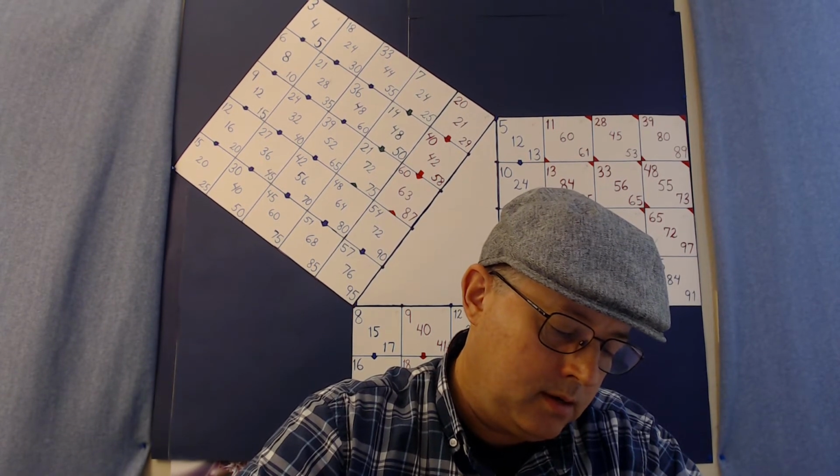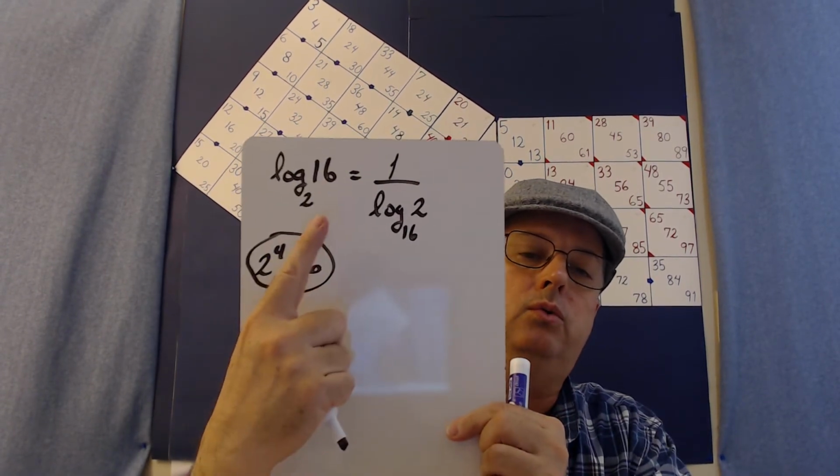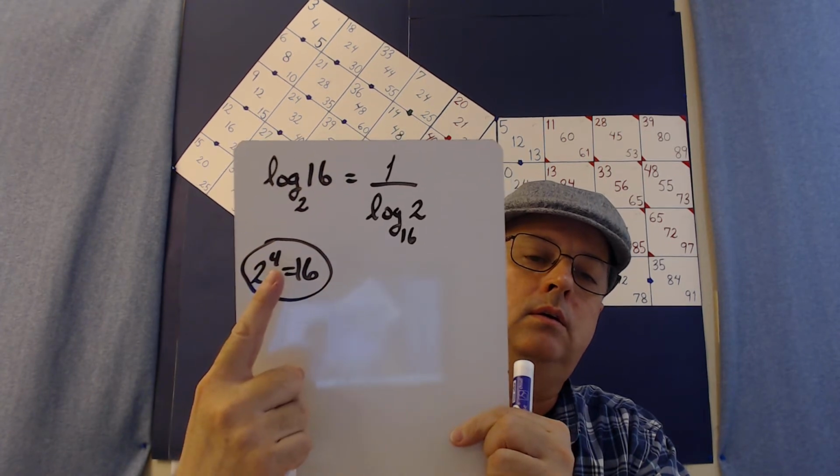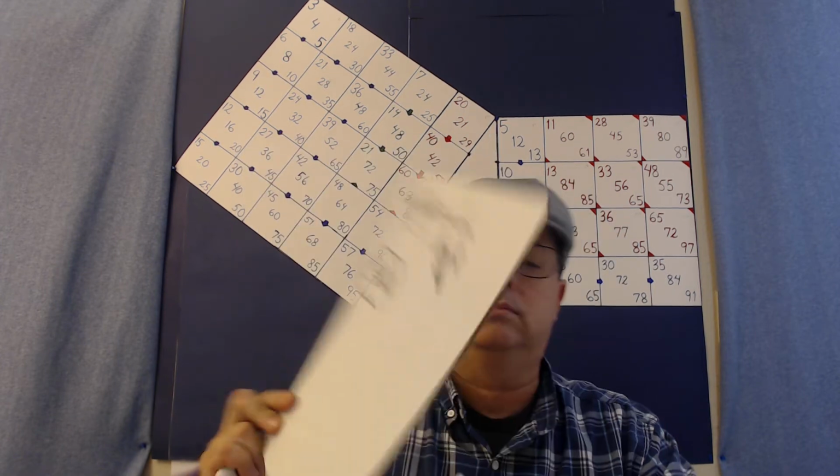So 2 to the 4th is 16. Okay, and so what power of 2 gives us 16? The 4th power. And so this becomes 4.